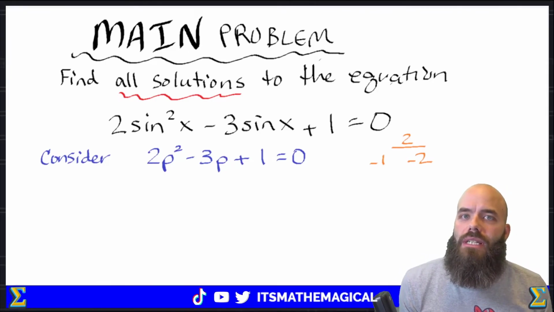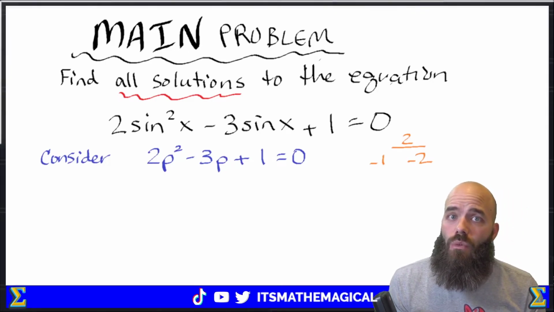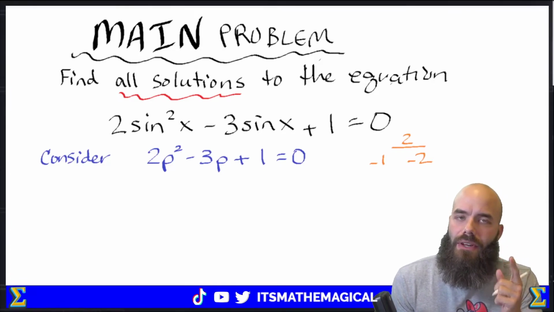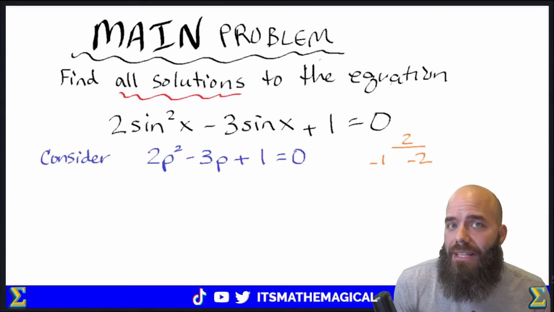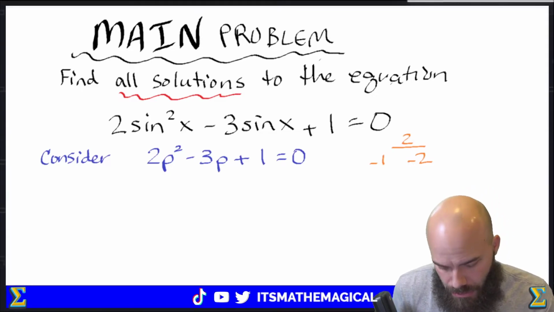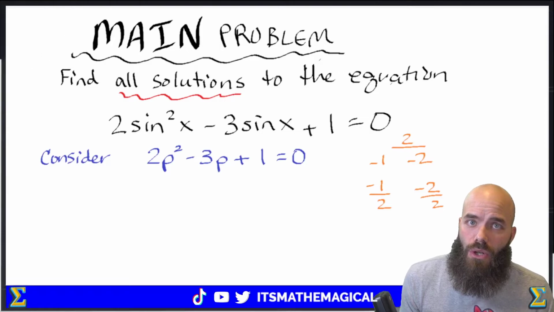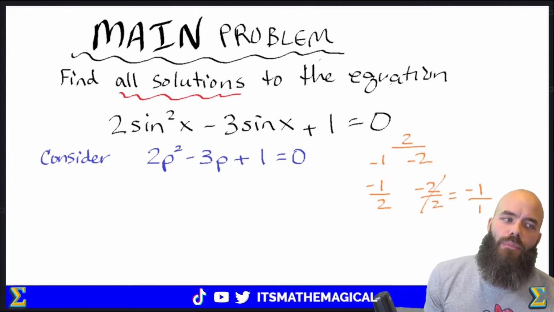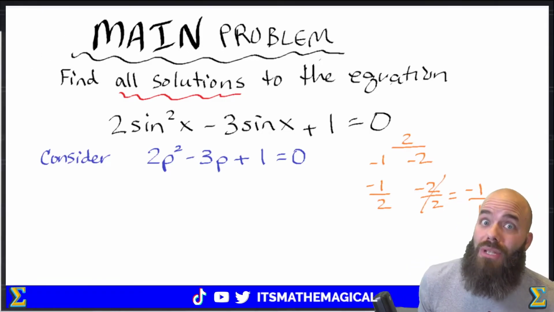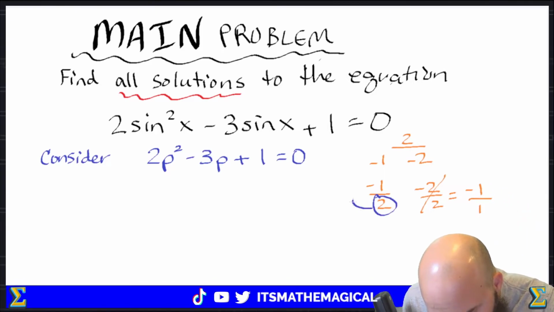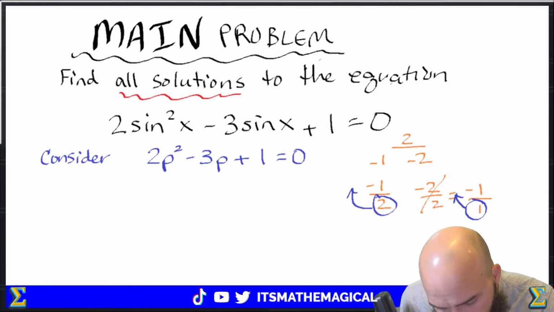And bottoms up says if we have a leading coefficient that is not 1, such as this, we could take these values, negative 1, negative 2, divide them by the a value, which is 2, reduce when possible, so negative 2 over 2 does reduce to negative 1 over 1, and then bring the bottom up to complete the factoring. Bottoms up, bring the bottom up.